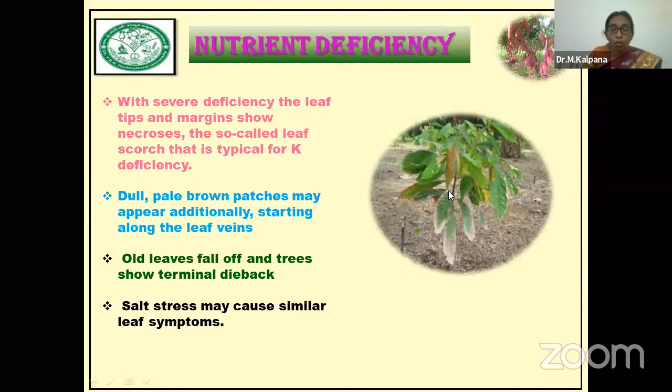In severe cases, older leaves fall off and the tree shows terminal dieback, similar to salt stress symptoms. When you observe this in the field, apply potash at around 500 grams per palm per year in 2 split doses.